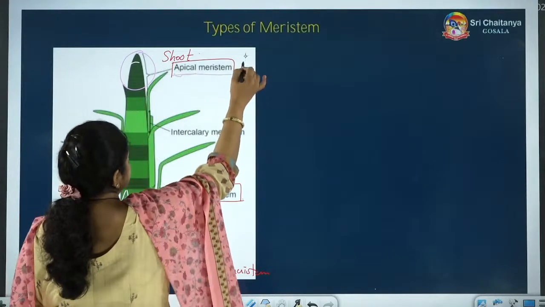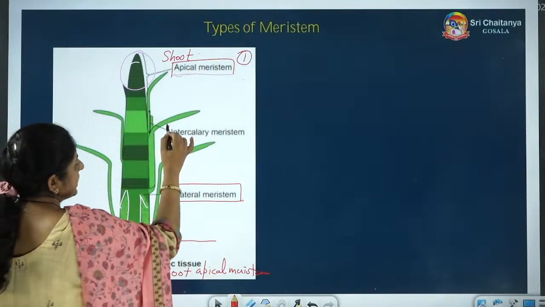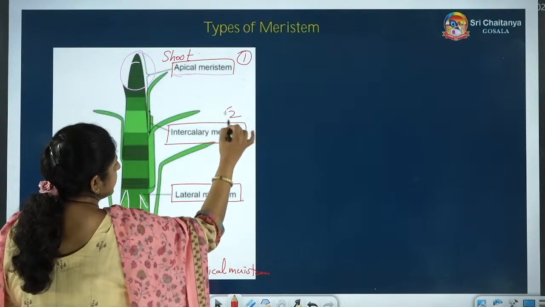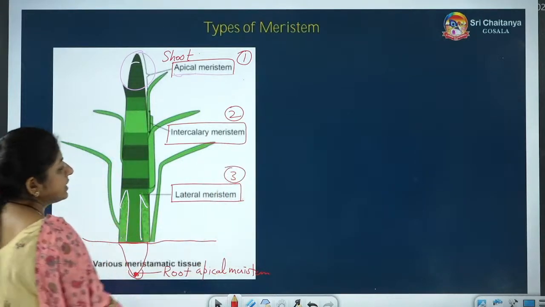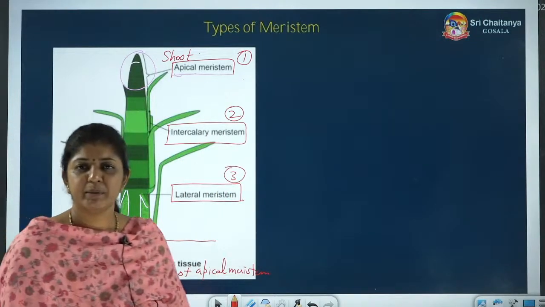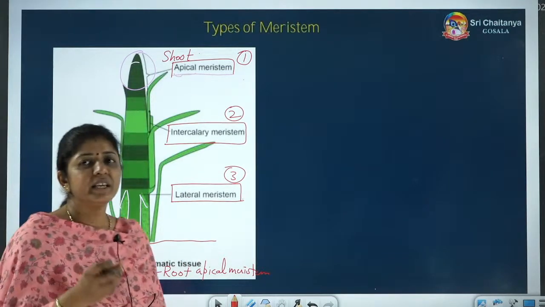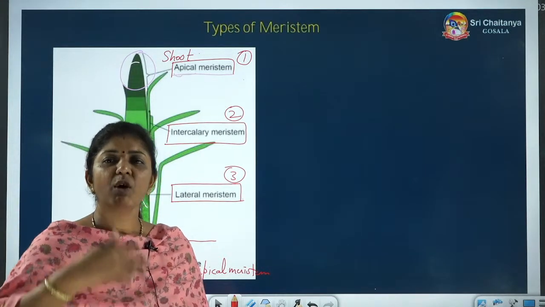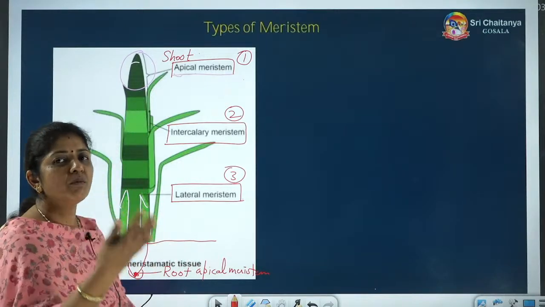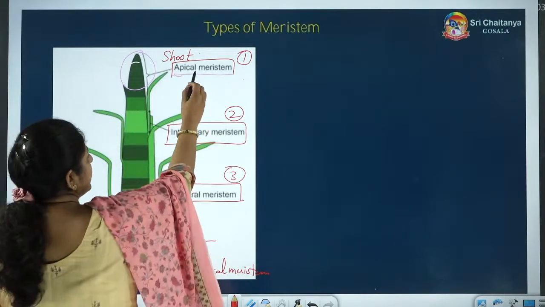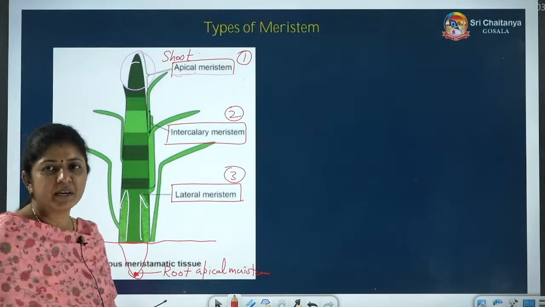First we discussed apical meristem, second intercalary meristem, third the lateral meristem. When you sow a seed, the plant grows more in length due to the apical meristem and intercalary meristem.